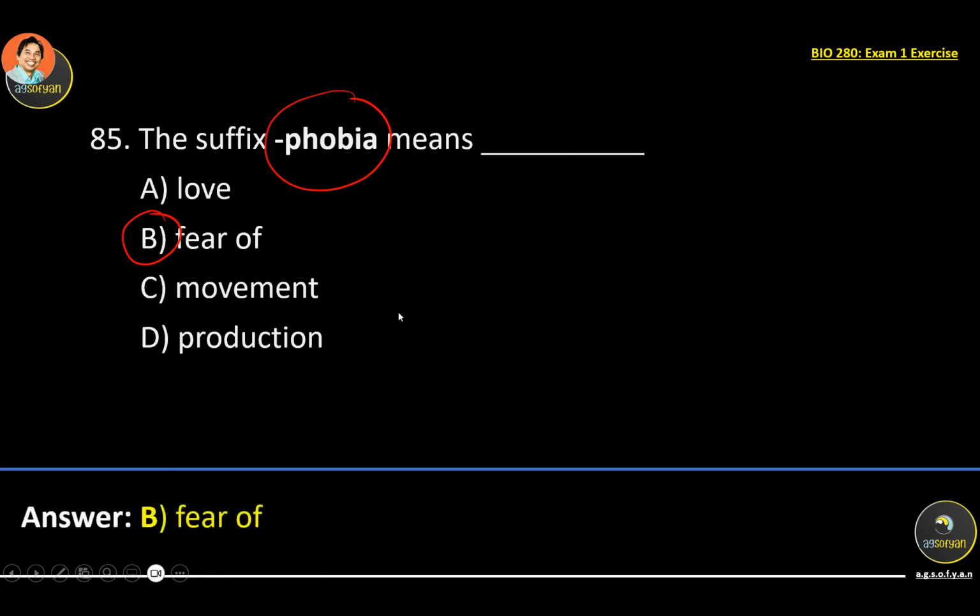Fear of. Okay, the opposite of phobia is philia. Philia means love of. Okay. Phobia, fear of, philia, love of or love to.